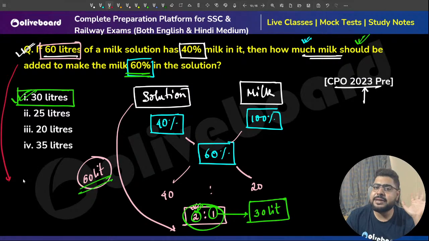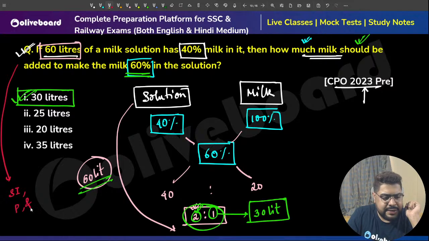Apart from this, where can you use alligation? SI questions, you can use alligation. Profit loss questions, you can use alligation. Average questions, you can use alligation. Time speed distance, you can use alligation.